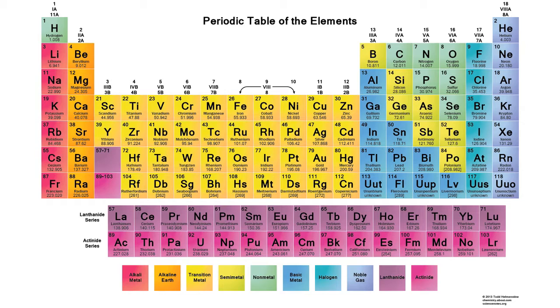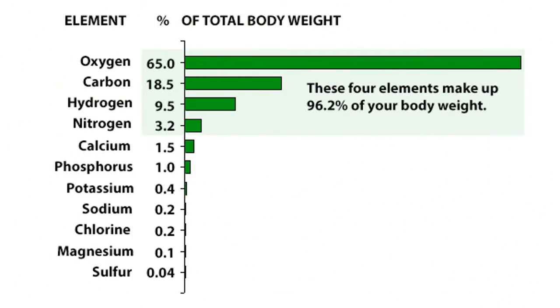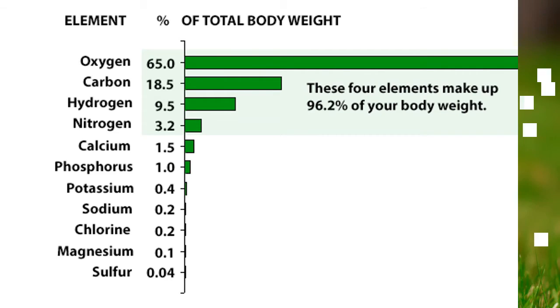For living things, only 11 of these elements are found in larger than trace quantities. So whether you're a puppy or a person, these are the basic 11 elements that compose your being. This is the simple truth, and sometimes it helps to look at the basics to understand the bigger picture.